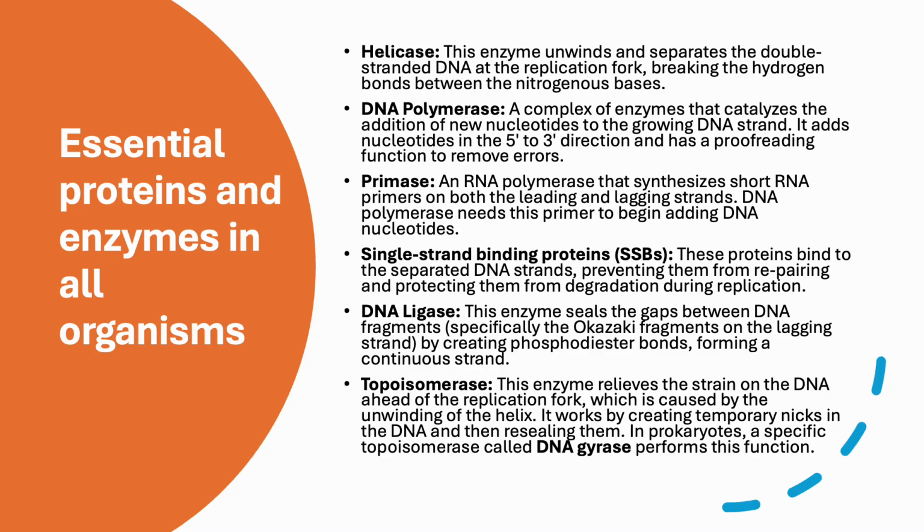We have topoisomerase, an enzyme that relieves the strain on the DNA ahead of the replication fork, which is caused by the unwinding of the helix, and it works by creating temporary nicks in the DNA and then resealing them. In prokaryotes, we have DNA gyrase that performs this function. So that is DNA replication.